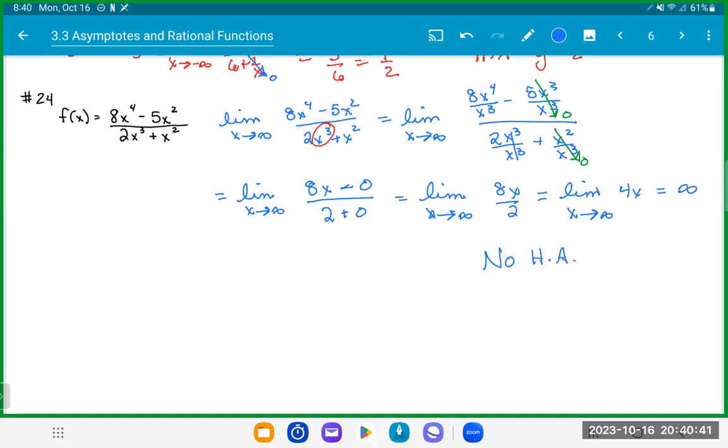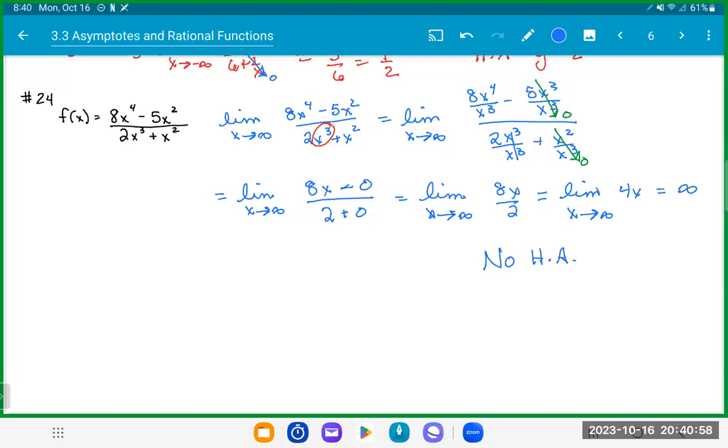You could do the same process for negative infinity, and you'll see that the solution is negative infinity. If there's no horizontal asymptote as it approaches infinity, then there's not one for negative infinity either.